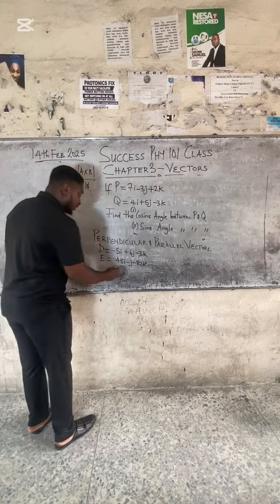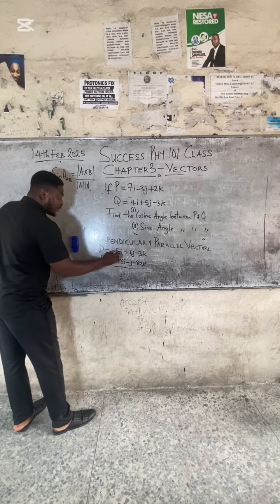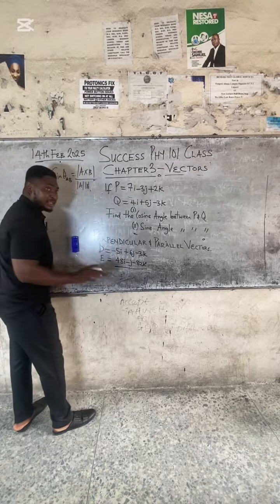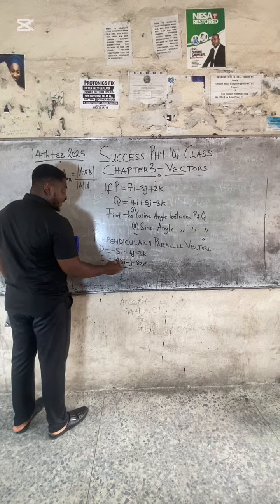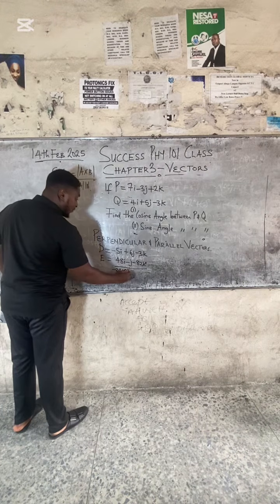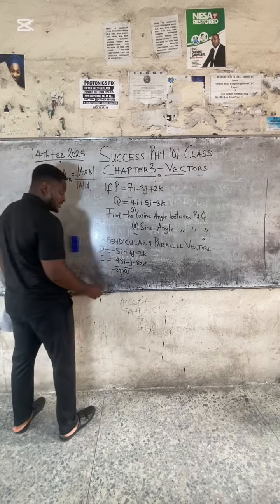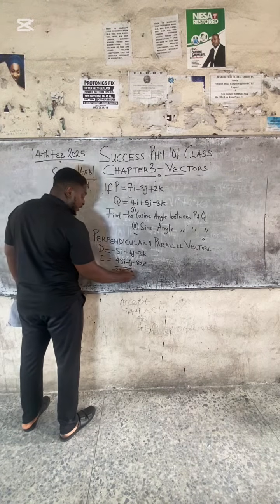Class, who has done the dot product? Remember that when you're doing the dot product, it's I to I, J to J, K to K. Minus 5 times 48 is minus 240, and I to I is 1. Minus J here means minus 1J, so plus 6 times minus 1 is minus 6.